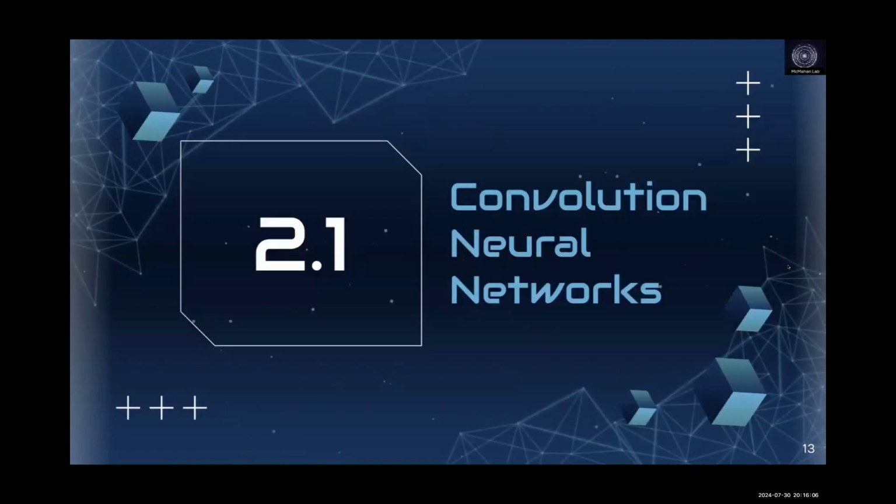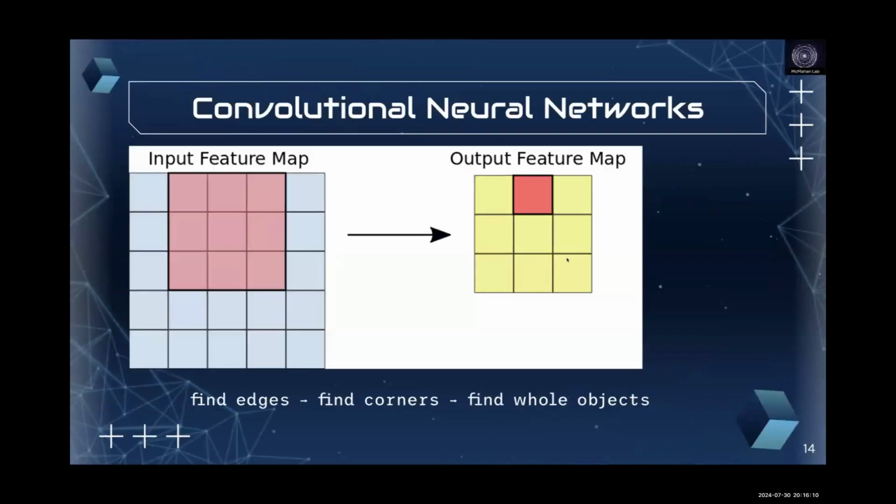Next we'll be talking about convolutional neural networks and just how they work. How a convolutional neural network works is that it has a filter, as you can see on the left, that 3 by 3 red grid that passes over the input feature map, which might be the original input data, like an image, or the features that are learned after some convolutional layers.